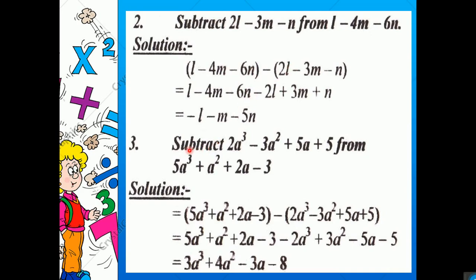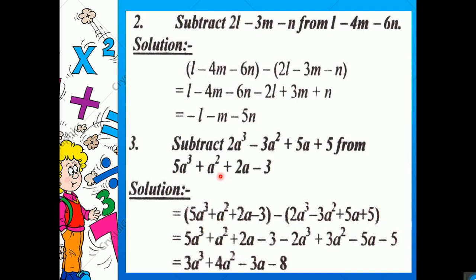Now question number 3. Subtract 2a cube minus 3a square plus 5a plus 5 from 5a cube plus a square plus 2a minus 3. We have to subtract this algebraic expression from this algebraic expression.